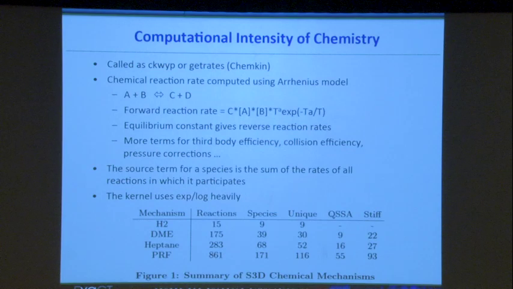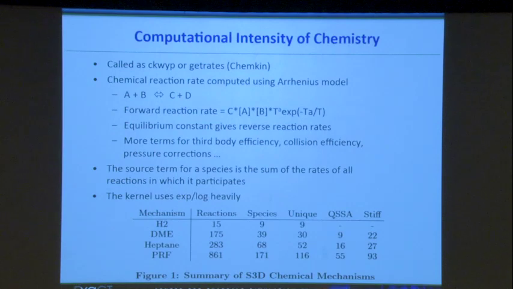And then for a given species that we transport, the source term for that species is the sum of all the rates of all the elementary steps in which that species participates. And so that can be typically of the order of, I don't know, 5 to 10 reactions. I already said that the evaluation of the chemistry uses transcendental functions, exponential and log heavily.